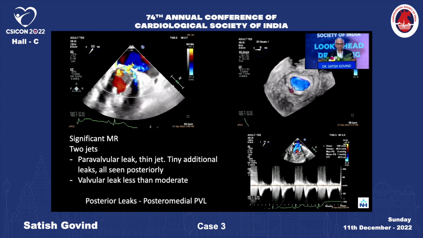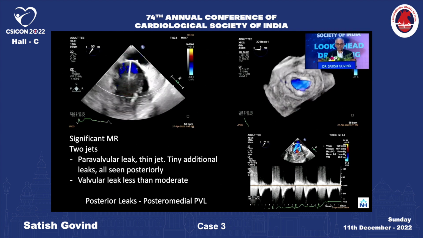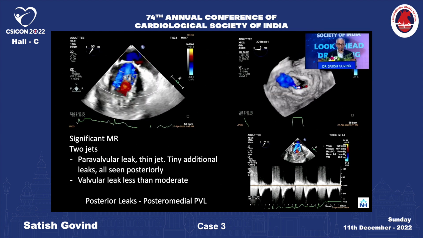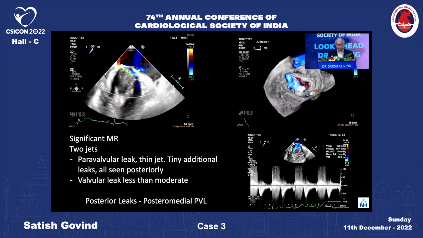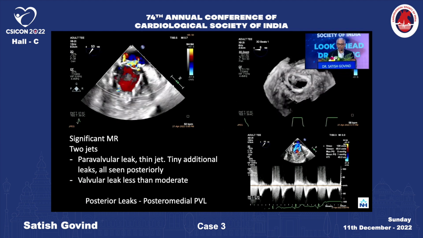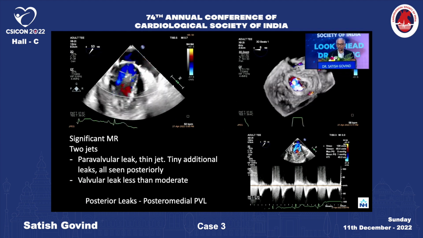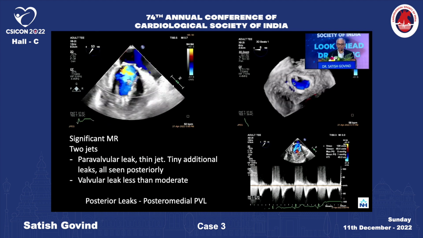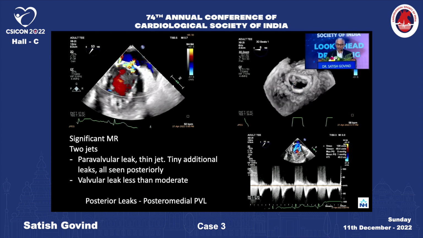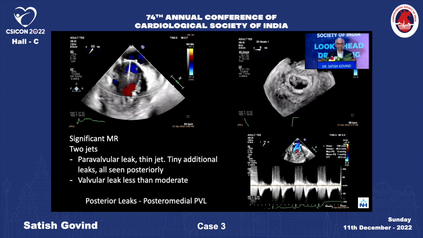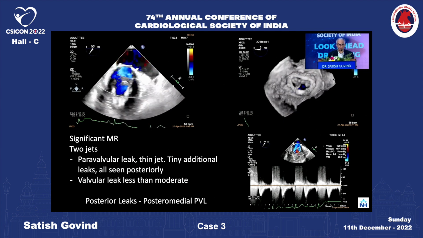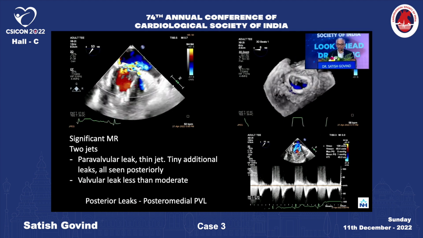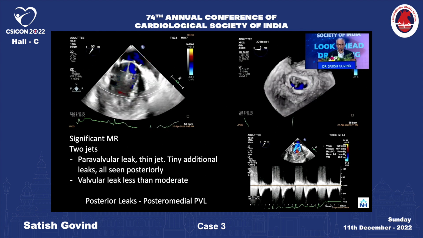So two jets are there, and then you see the ring over there with some reflections happening because of the ring itself. Now you look at the 3D. The 3D here shows the en-face view from the left atrial side, and you have this small jet that is coming at the 5 o'clock position, and that is where the hemolysis is occurring.